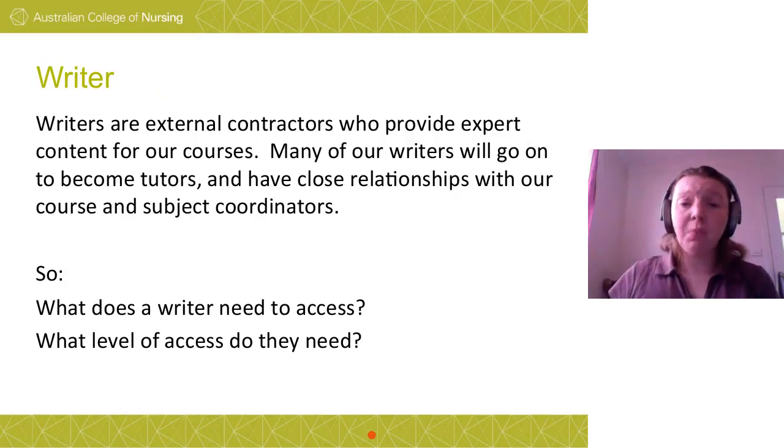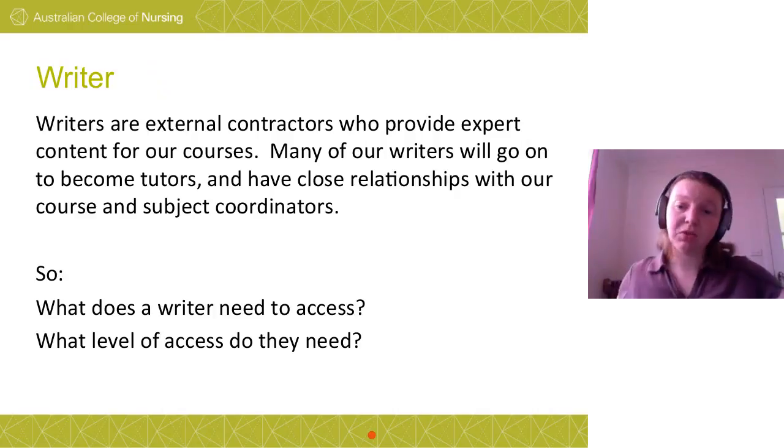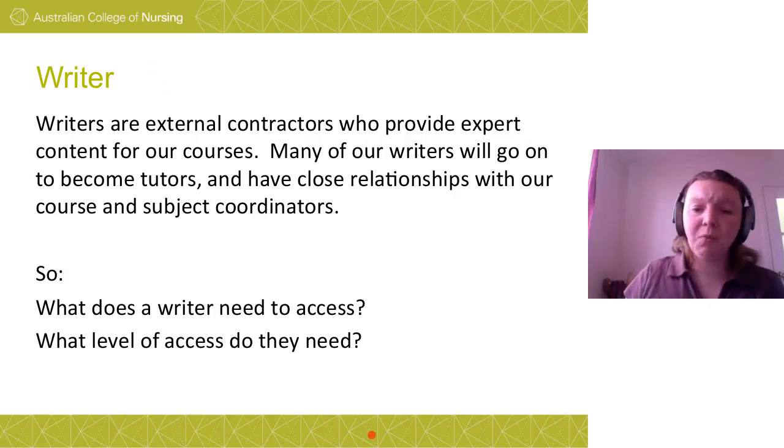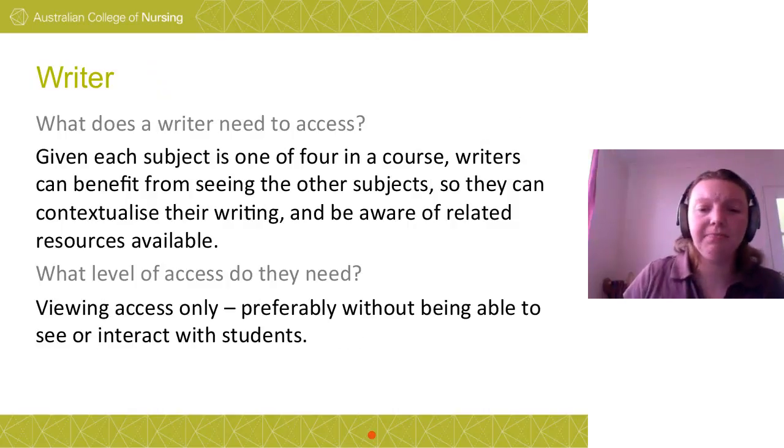So it really helps for them to be able to see how their content relates to everything that's already there. It also really helps for them to be able to access the resources that have been used across the other courses, both so we don't breach copyright, because we want them to know, no, this has already been used, we can't double up. And so they get a sense of what resources are out there and can be used to support their content. So what does a writer need to access, and what level of access do they need?